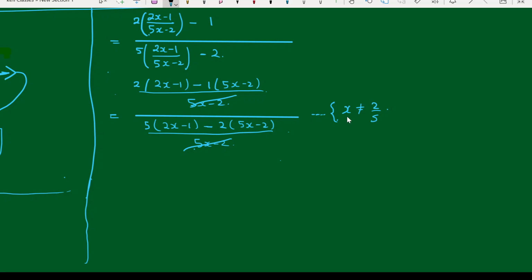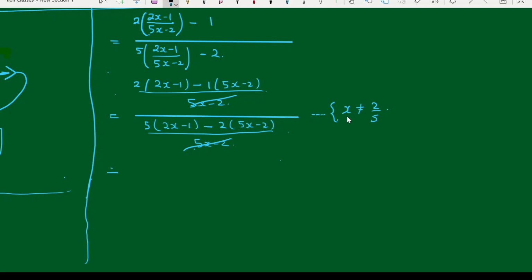Be quiet. If x would have been equal to 2 by 5, 5x minus 2 would have been 0. Okay, and you cannot cancel zeros. In mathematics, you cannot cancel zeros. So 5x minus 2 can be cancelled provided you know that 5x minus 2 is not equal to 0. And they had given us x is not equal to 2 by 5. That means 5x minus 2 is not equal to 0. So वो cancel कर सकते हैं.